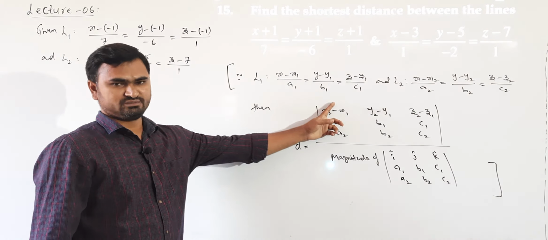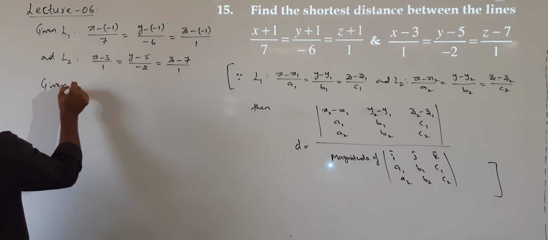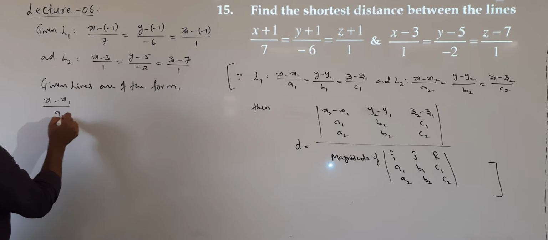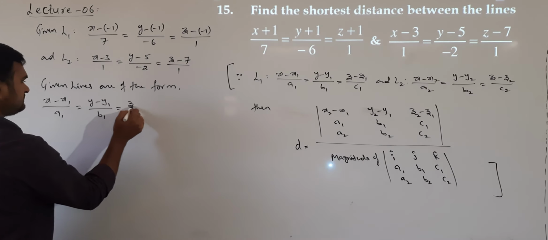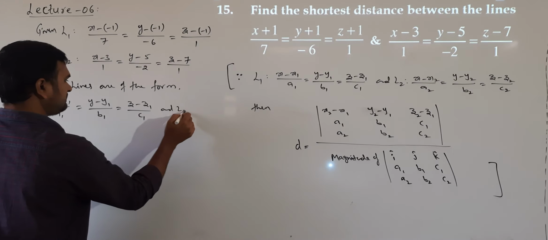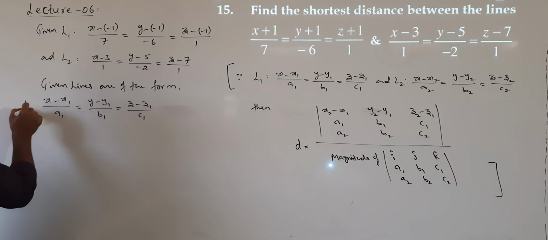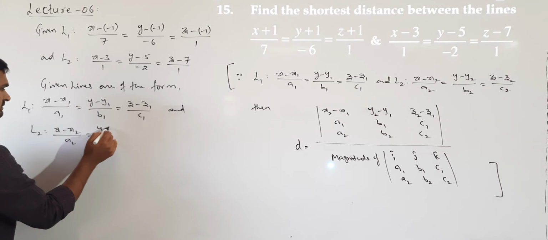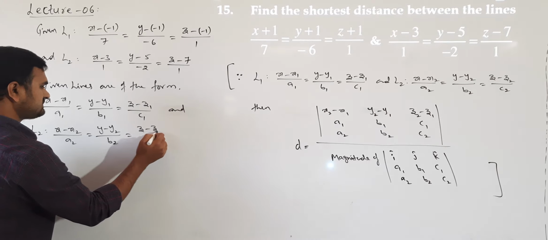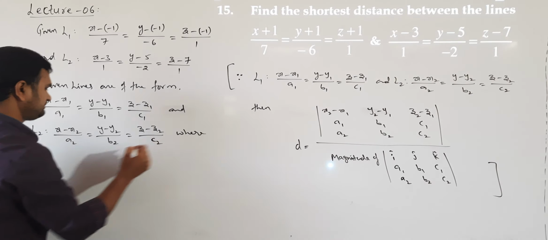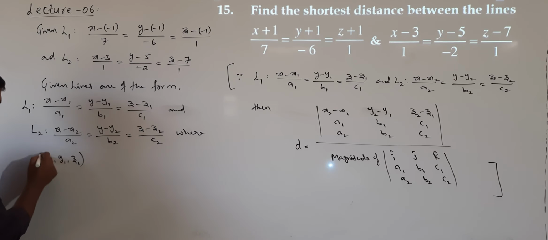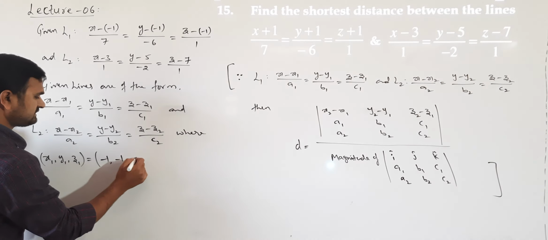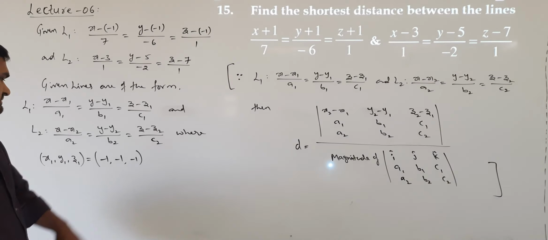Now comparing these lines with the standard form. Okay, so given lines are of the form (x minus x1) by a1 is equal to (y minus y1) by b1 is equal to (z minus z1) by c1, and the second line (x minus x2) by a2 is equal to (y minus y2) by b2 is equal to (z minus z2) by c2, where x1, y1, z1 are for first line minus 1, minus 1, minus 1, correct? x1, y1, z1 is minus 1, minus 1, minus 1.